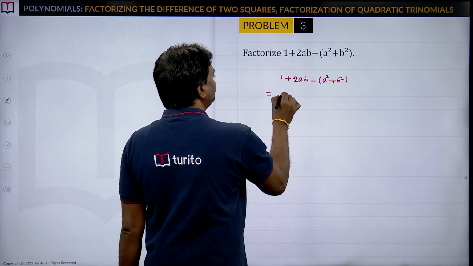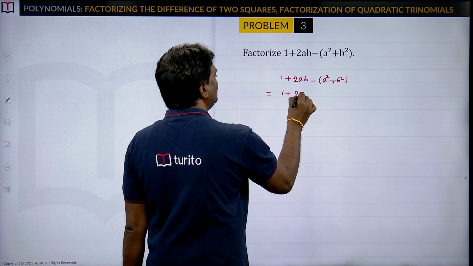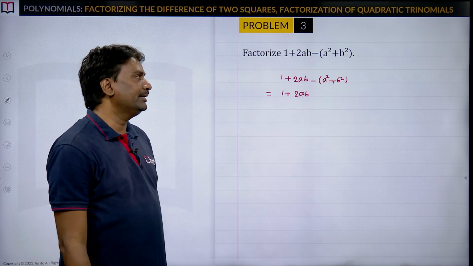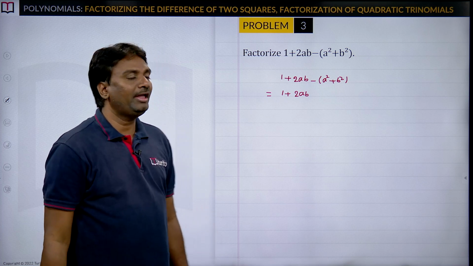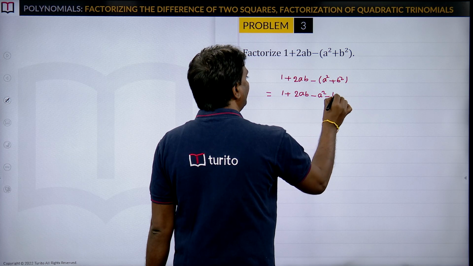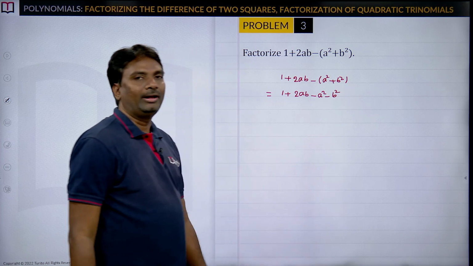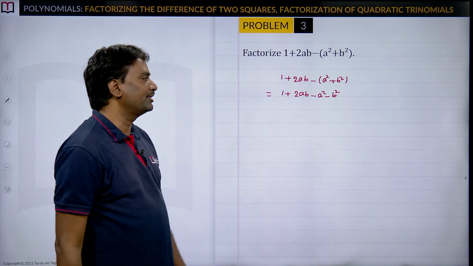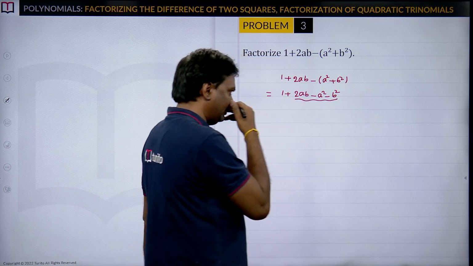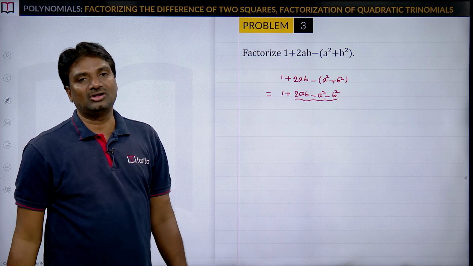So, from this 1 plus 2ab, by expanding the bracket, in the bracket we have two terms, a square and b square. So, minus a square minus b square, 1 plus 2ab minus a square minus b square. From 2ab minus a square minus b square, we can take minus as common.